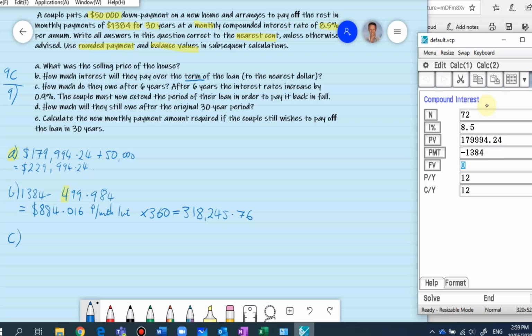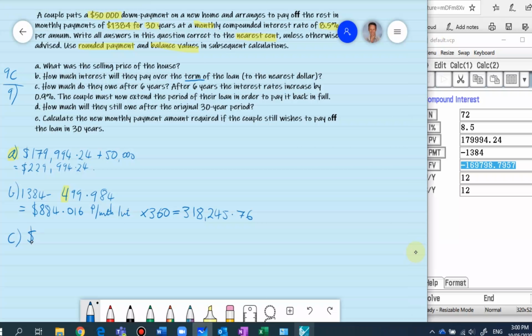So the future value of that is $169,798 and 80 cents rounded. Okay, so that's part C. Fairly easy. Just change that to 6 years. Original interest rate, that's what the house is worth. And then we have the payments that they originally stated.